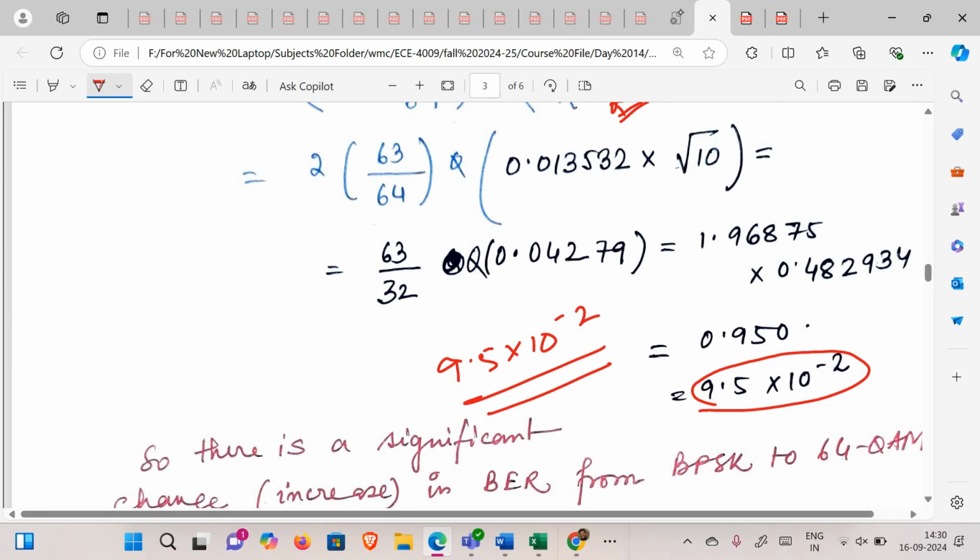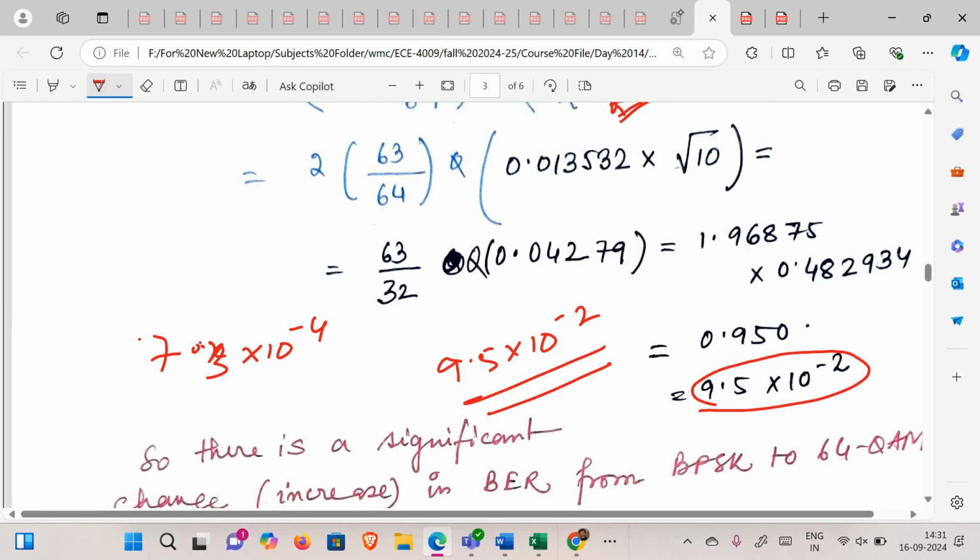Which one is greater, this one or 7.3 or so into 10 to the power minus 4? Which one is the higher BER? This one is definitely higher, because it is 10 to the power minus 2 and this is 10 to the power minus 4.